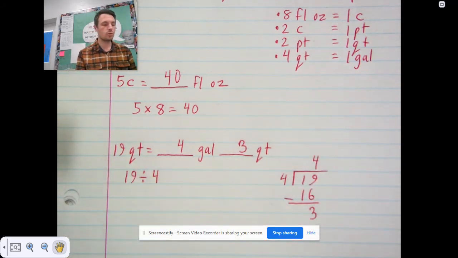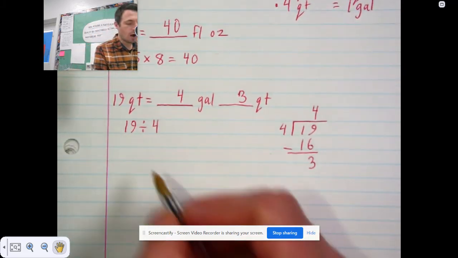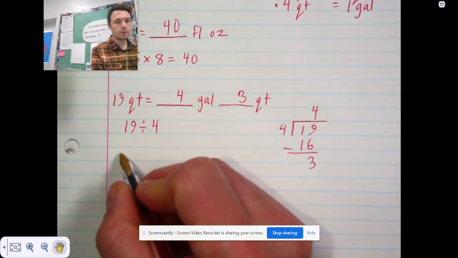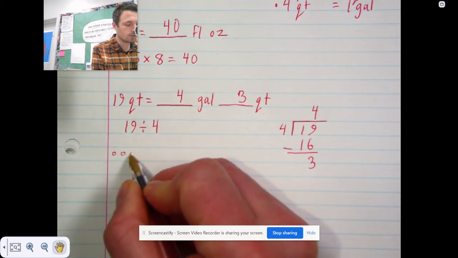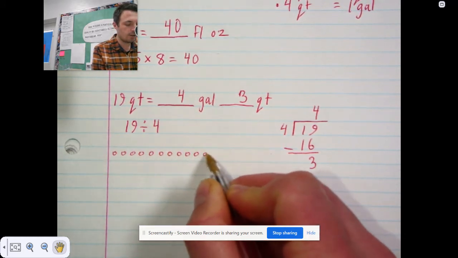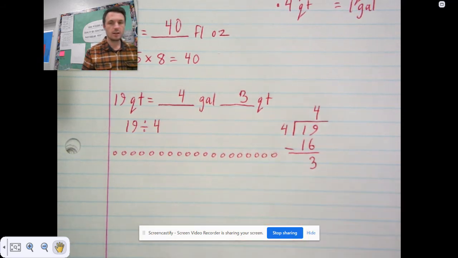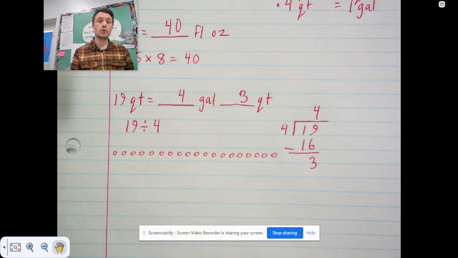Now, let me show you a picture of that just to make sure you understand this. So I'm going to draw a circle for each of those 19 quarts. 1, 2, 3, 4, 5, 6, 7, 8, 9, 10, 11, 12, 13, 14, 15, 16, 17, 18, 19. Now, each one of these 4 quarts is 1 gallon.